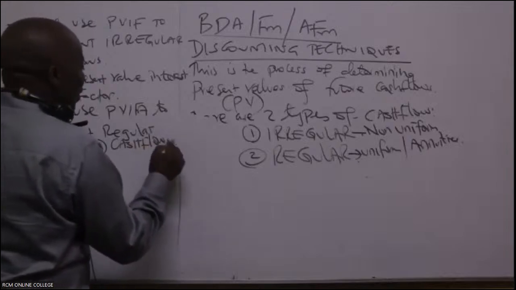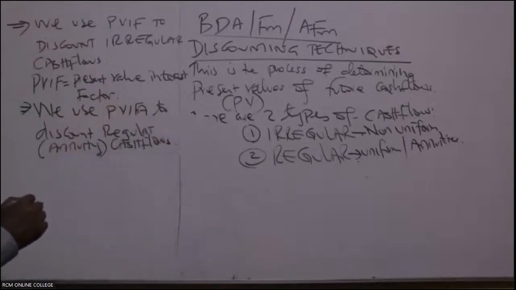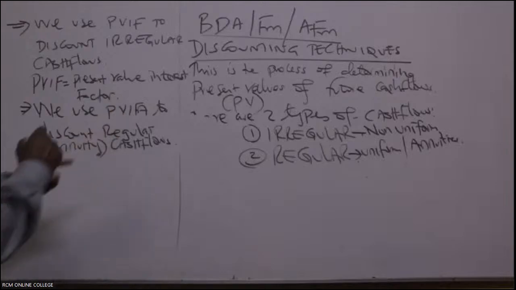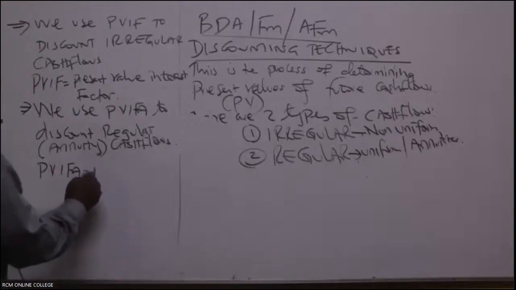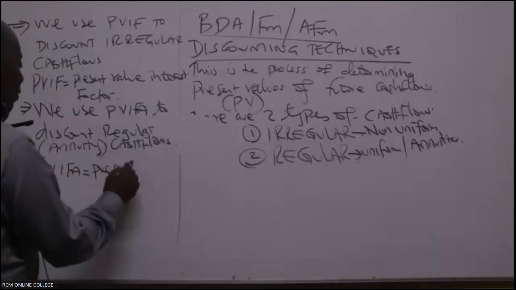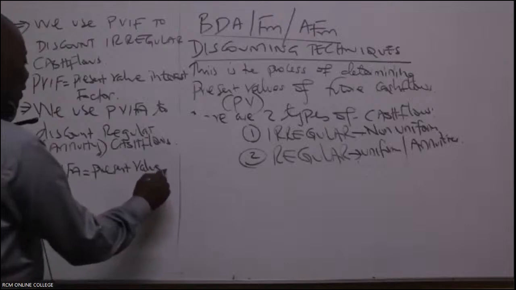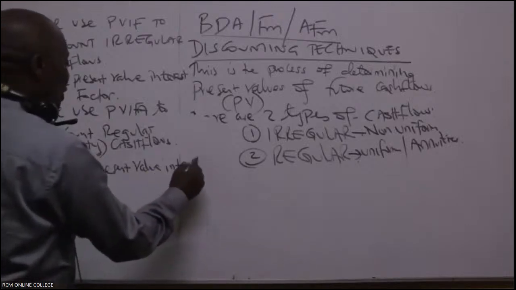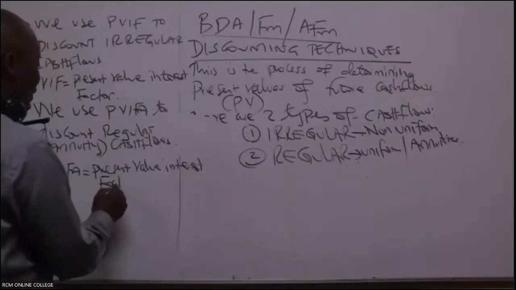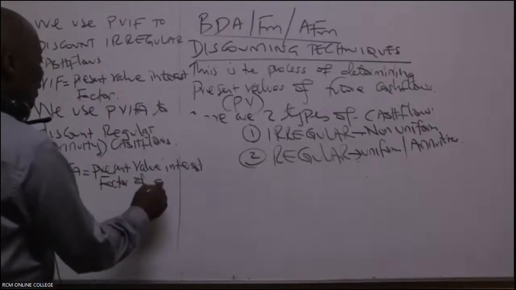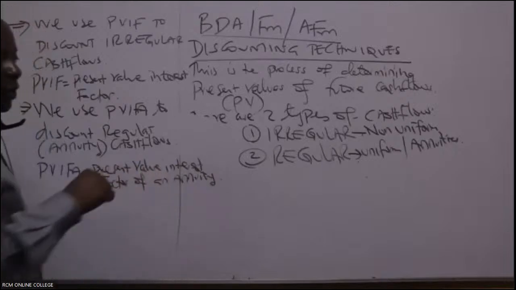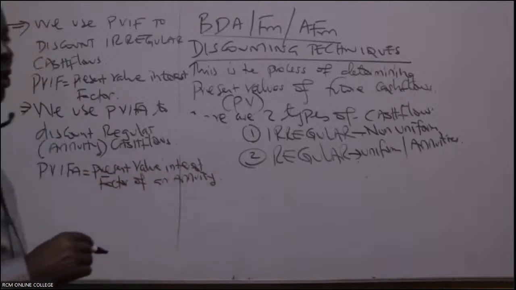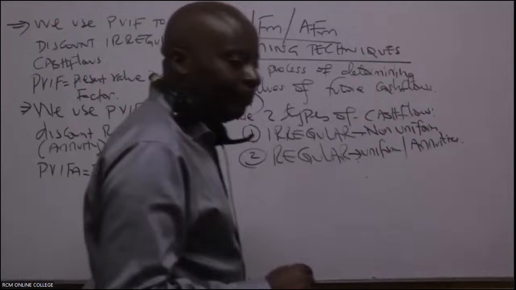To discount regular or annuity cash flows, we normally make use of what, ladies and gentlemen? PVIF. So what does this PVIF stand for in full? This PVIFA stands for present value interest factor of an annuity.